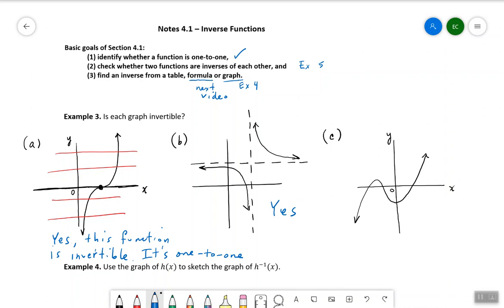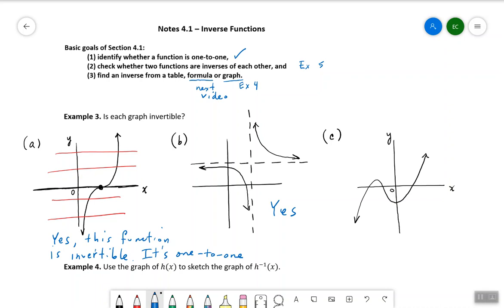It might seem like a horizontal line here near the horizontal asymptote might hit more than once, or it might look like this curve right here is a horizontal line, but it's not. Remember, it's always getting closer and closer to the horizontal asymptote, and so it's always rising just a little bit more, and so a horizontal line only hits one time.